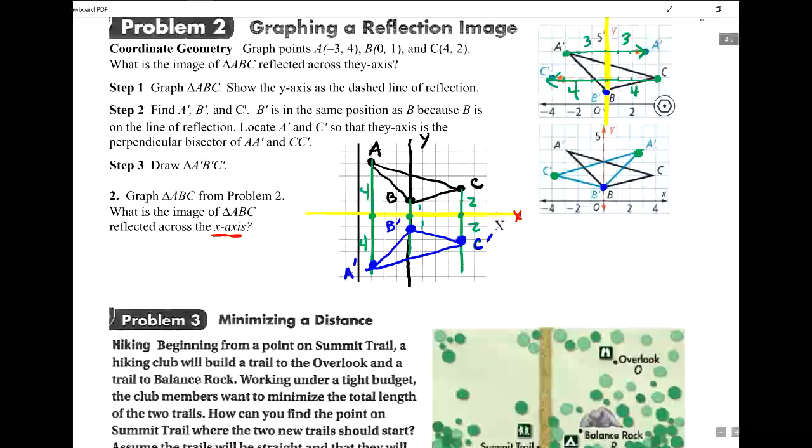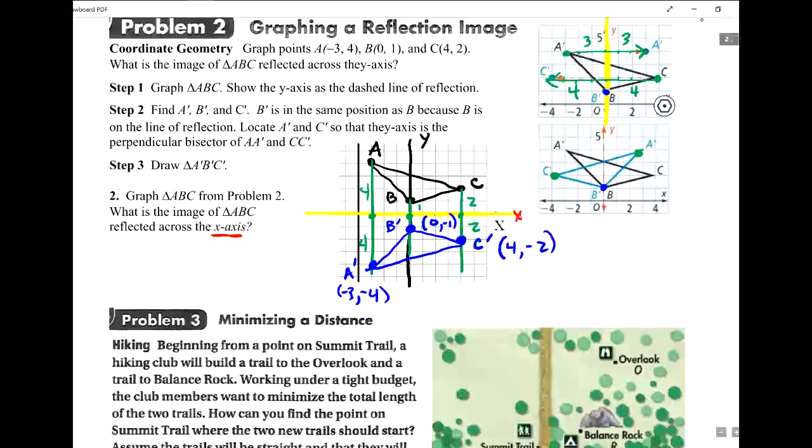And A prime is going to be over here at 1, 2, 3, negative 3, 1, 2, 3, 4, negative 4. B went down 2, so B prime is over 0, down 1, and C prime is over 1, 2, 3, 4, down 2.